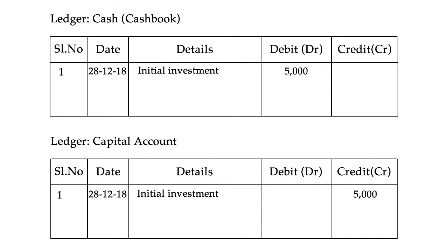As you are investing initially 5,000 rupees, the capital ledger will be credited by 5,000 rupees and your cash book will be debited by 5,000 rupees. You can see how the ledger entries are done here.